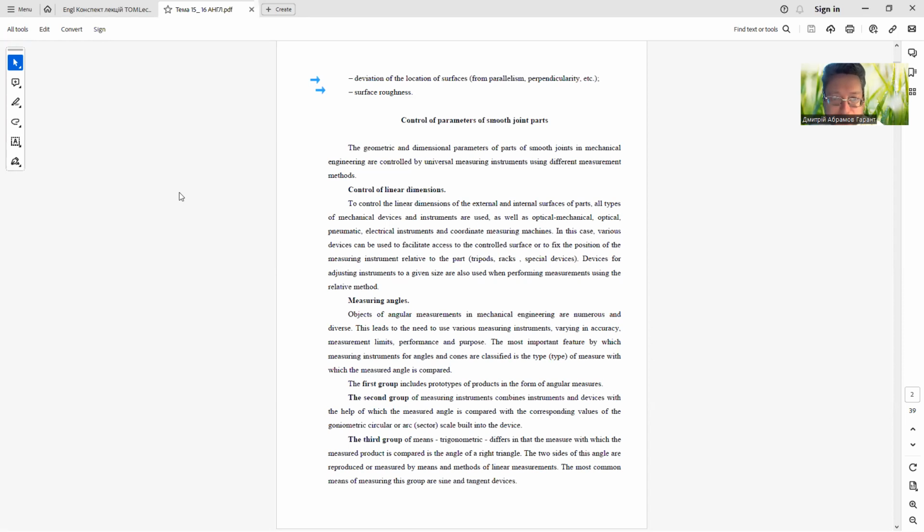Control of parameters of smooth joint parts, item number 1, 15.1.